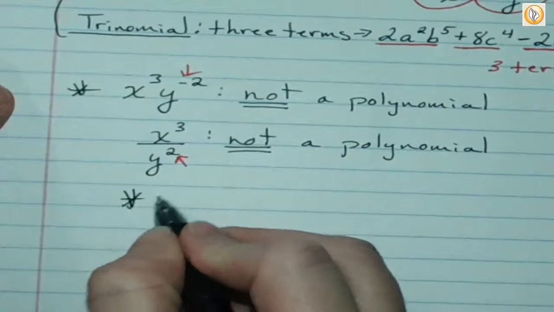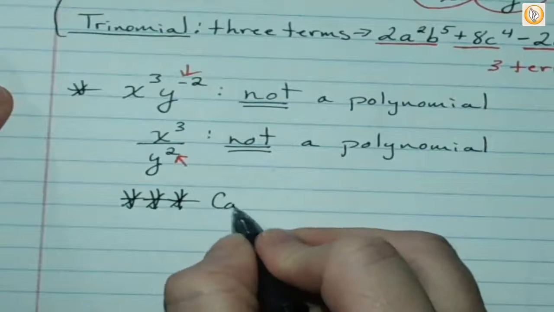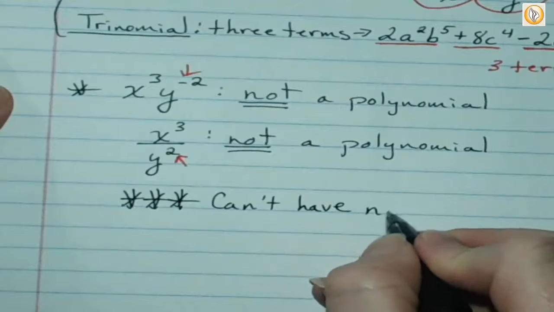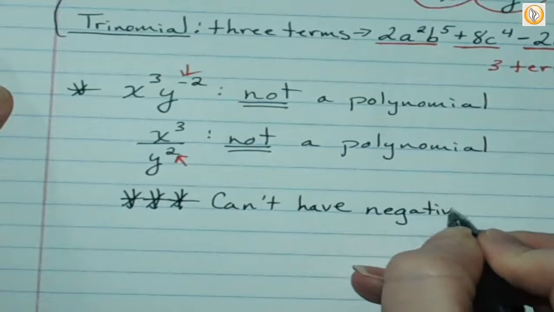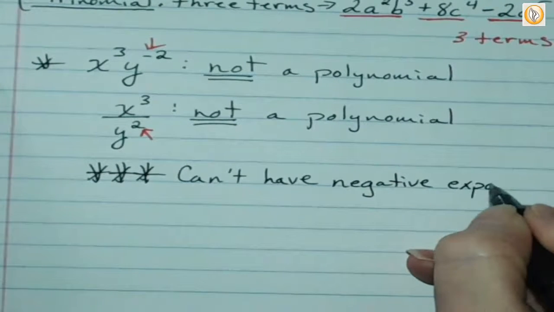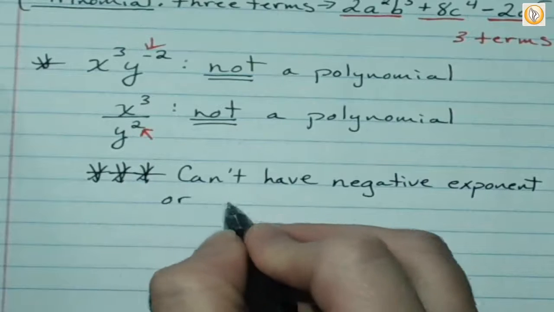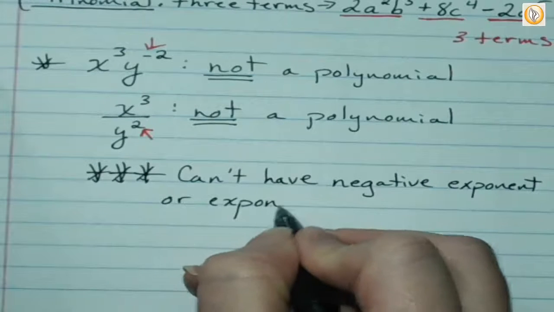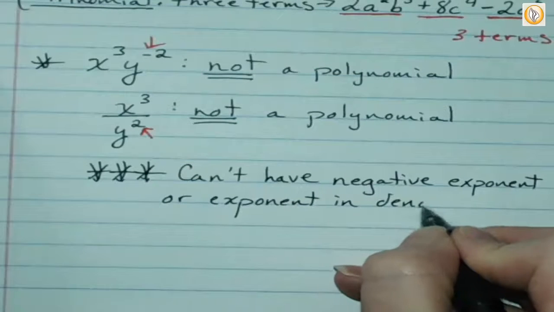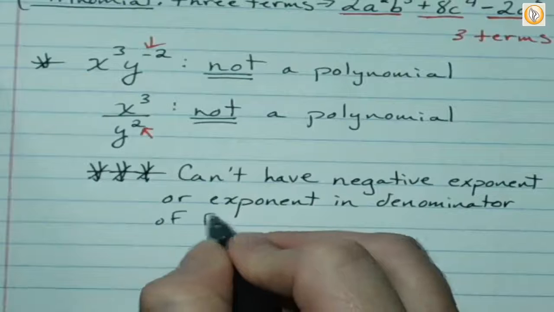So, 3 stars: can't have negative exponent or exponent in denominator of fraction.